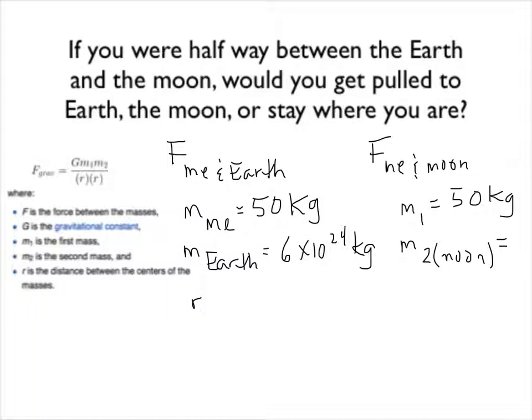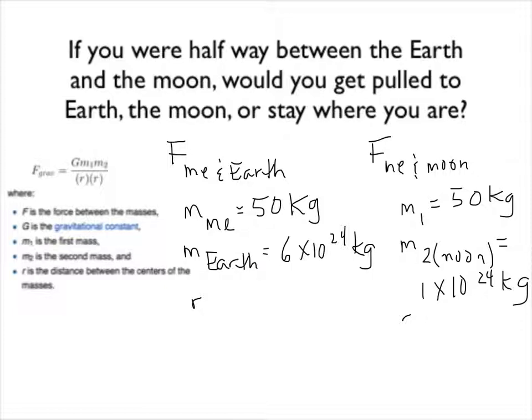It's about 1/6 of the mass of the Earth. And so 1/6 of that is going to be 1 times 10 to the 24th kilograms. Still way more than me, but a lot less than the Earth itself. Now, let's talk about this R.